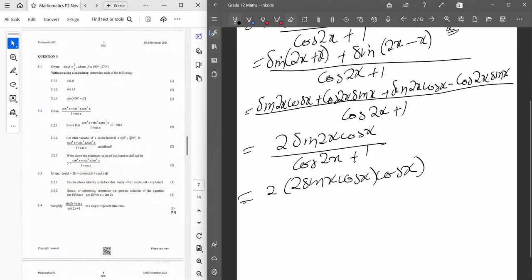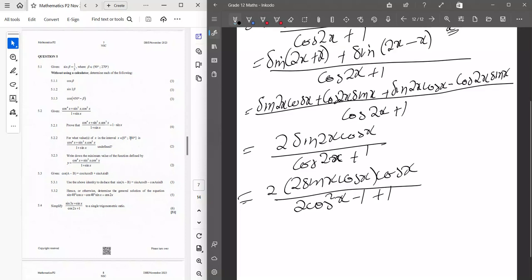Now, what I am seeing is a lot of cosines, right? And this will be, I will have cos square. So I will need to simplify this to 2 cos square x minus 1 and of course plus 1. Remember, double angle of cosine is 2 cos x squared minus 1.